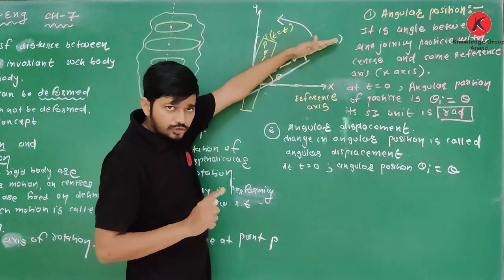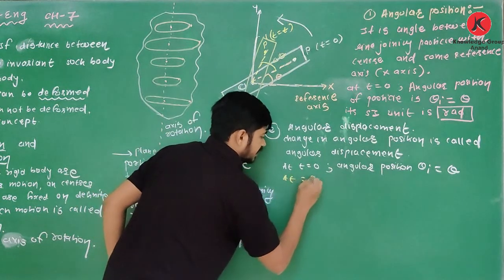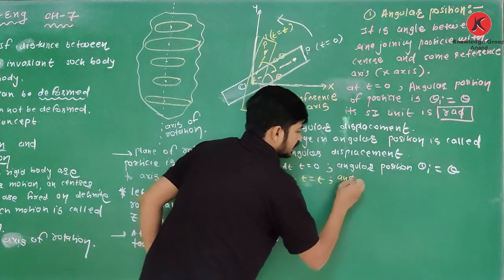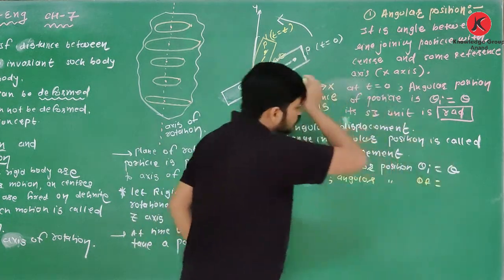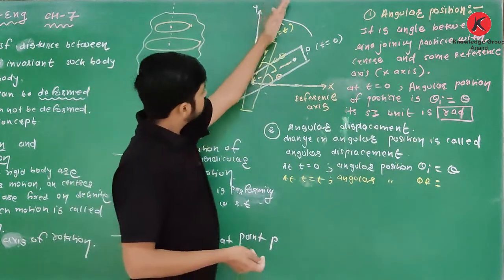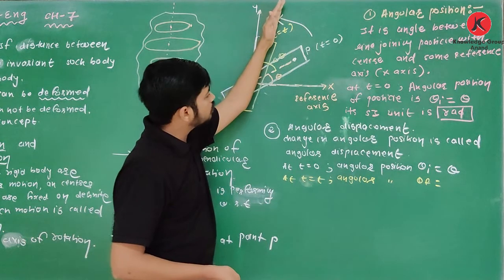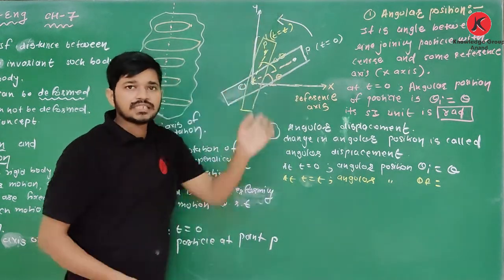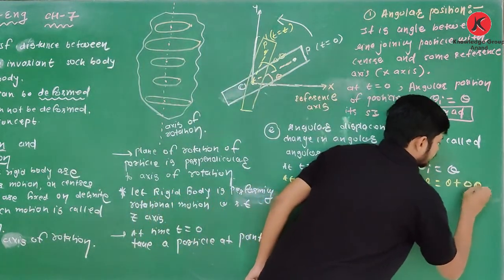Now at time t is equal to t, what is the angular position of the particle? Angular position theta f is equal to, the line joining the particle with the center is this line. So what is the total angle with the x-axis? It is theta plus delta theta.